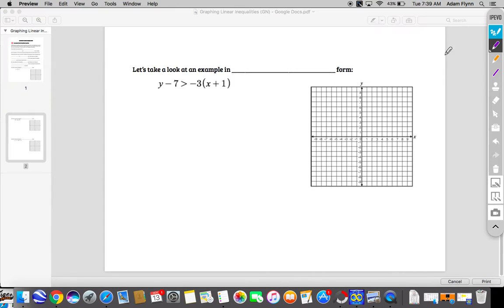Okay, so our last one, as I'm sure you could have guessed, is a linear inequality in point slope form. So we have y minus 7 is greater than negative 3 times x plus 1. So first off, dotted or solid, it's going to be dotted because my sign is greater than.